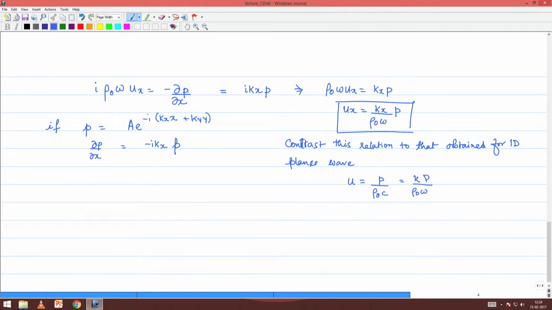So, the difference between these two relations, the one that we obtained for the one dimensional case and the one that we are seeing now, is that the wave number in the one dimensional case is replaced by the component of the wave number along the direction that you are looking at.